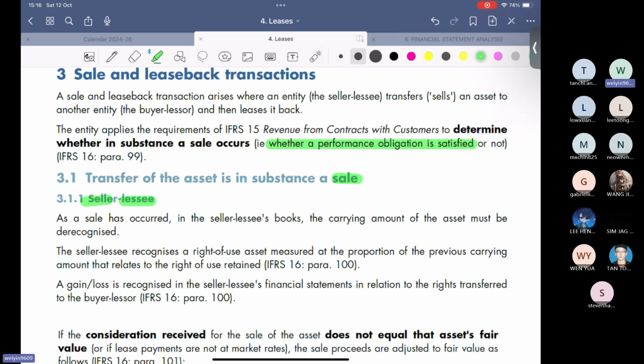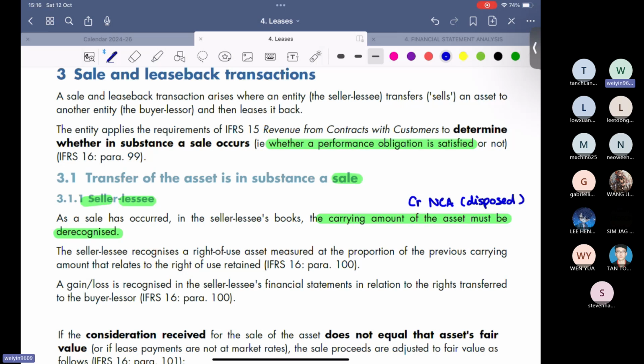They said the carrying amount of the asset must be derecognized. So meaning that since you already disposed of it, you will credit your non-current asset because you dispose of it. Right?